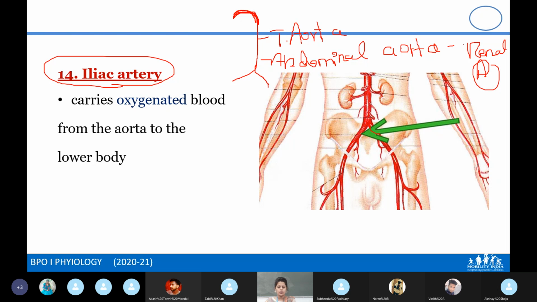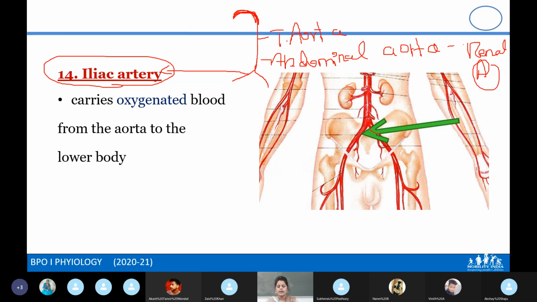Next, at the pelvis region, it will divide, because there are two lower limbs, not upper limbs. To supply blood to both lower limbs, the artery divides here. That division of the artery is called the iliac arteries, on both sides.